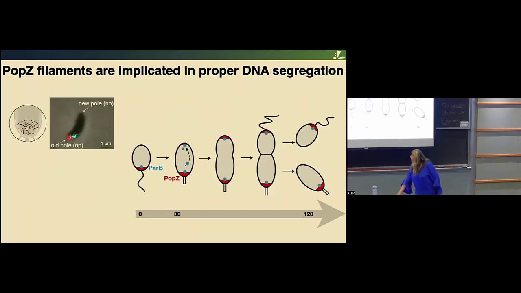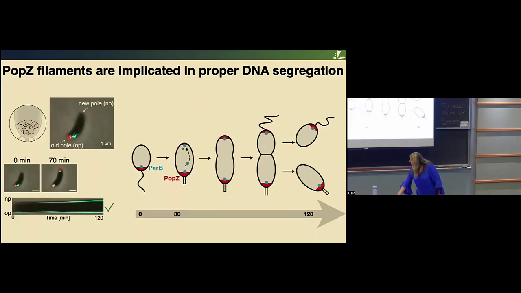So we labeled PAR-B in cells and looked at how those two behave as a function of the cell cycle. At the beginning of the cell cycle, those two are together. At 70 minutes, you get segregation of the origin to the other side, as expected. After 6 hours, it's all good, all the cells are growing.